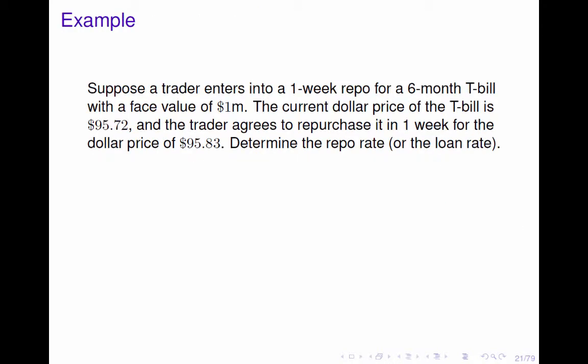Here's an example of the repurchase agreement. Suppose the trader enters into a one-week repo for a 6-month T-bill with a face value of $1 million. The current dollar price of the T-bill is 95.72, and the trader agrees to repurchase it in 1 week for the dollar price of 95.83. Determine the repo rate, or the loan rate.